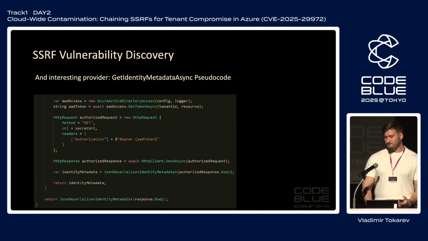Based on them, the code will generate an AAD token, which is an Azure AD token. And then it will send another request, which can be actually GET or POST, to this same URL again. Then, for the second request, the answer will be serialized as identity metadata and will be stored.